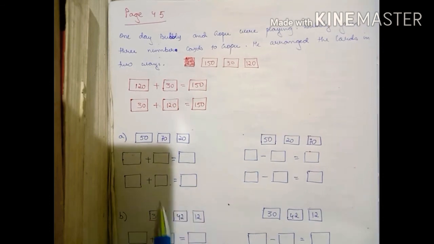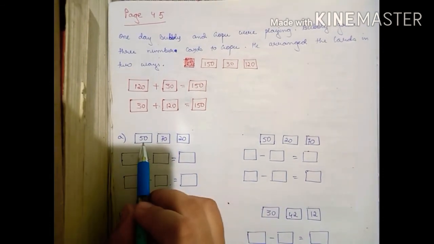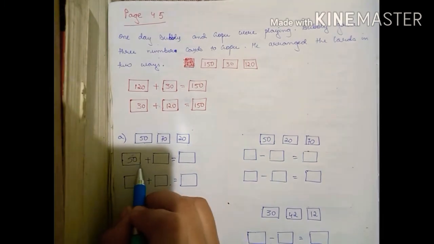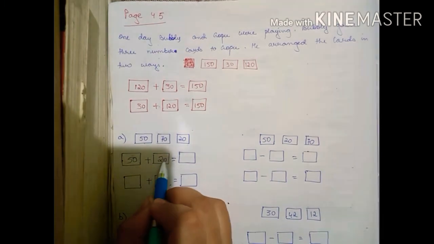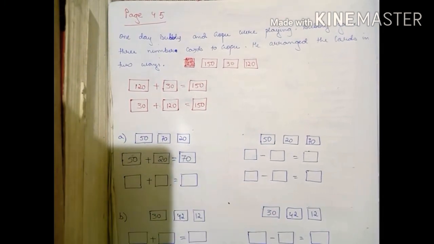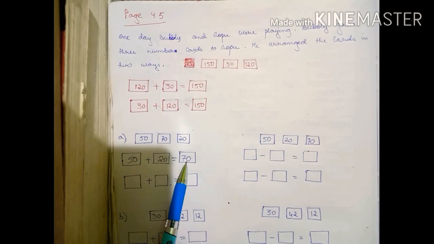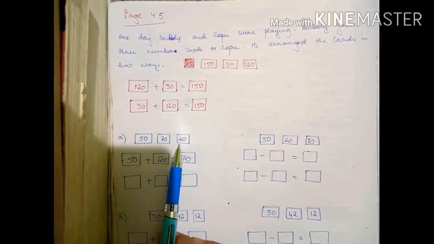How? Let's see. Suppose we use 50 here first. 50 plus 20 will give 70. So we are using 50, 70 and 20, only these 3 numbers.